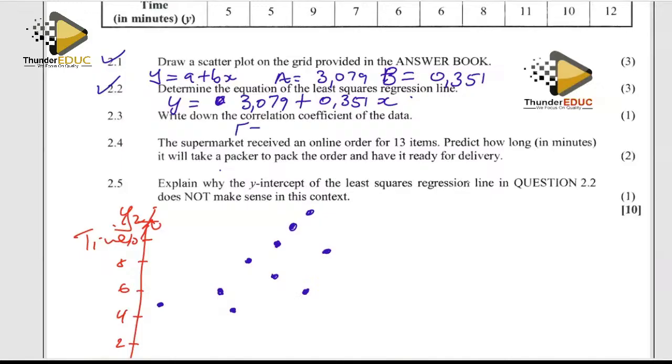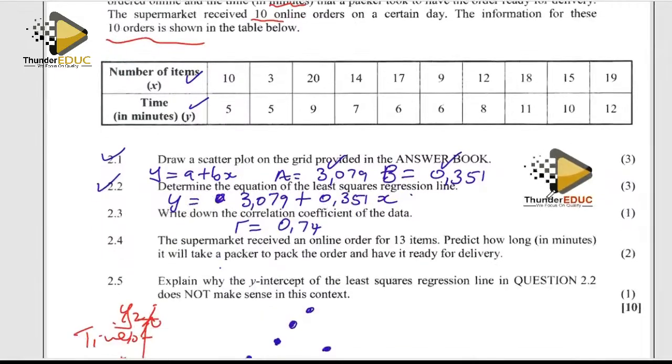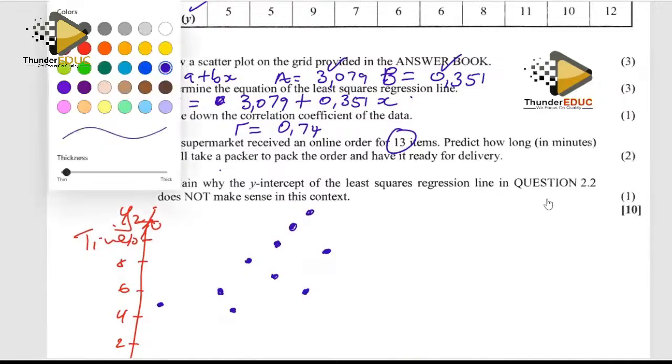Okay, then I need to find the correlation. After punching all these numbers into the calculator, that's how I obtain my A and my B. So my correlation coefficient is 0,74 to 2 decimals. And then 2.4, they're telling us that the supermarket received an order of 13 items.